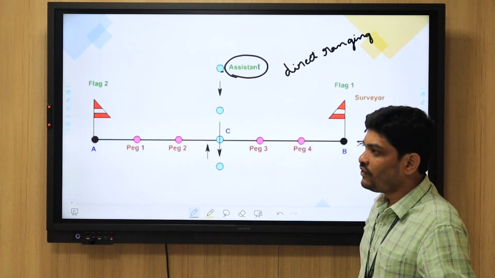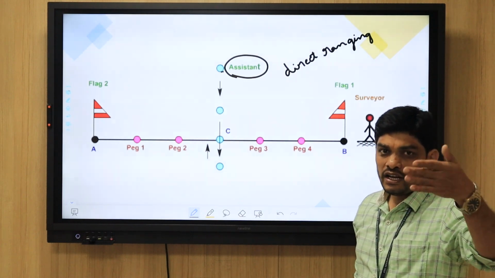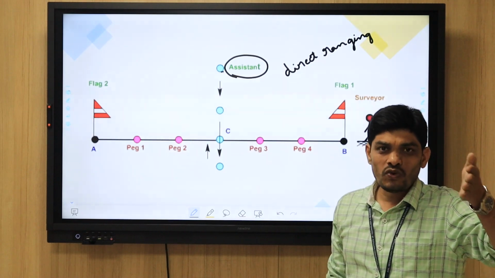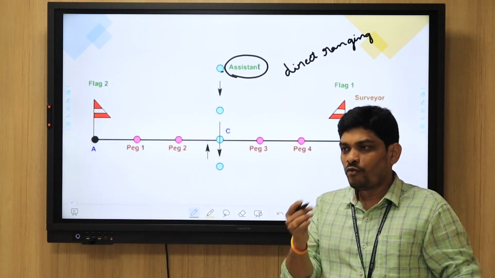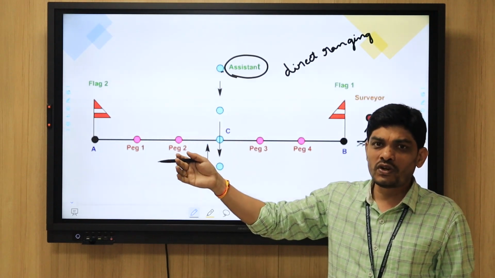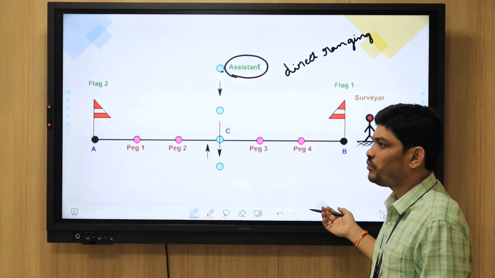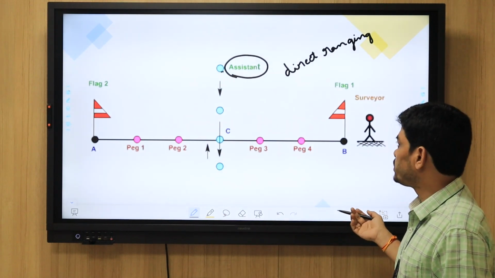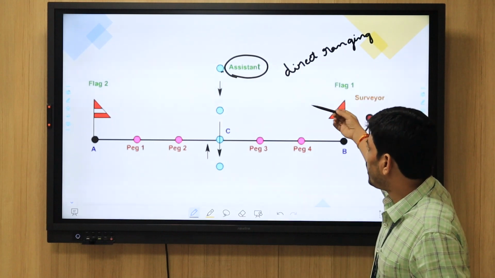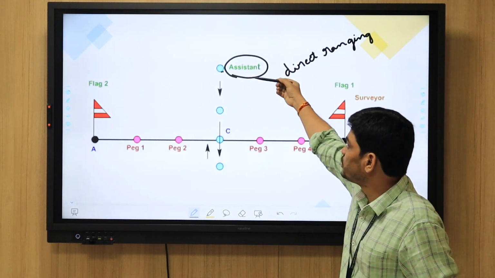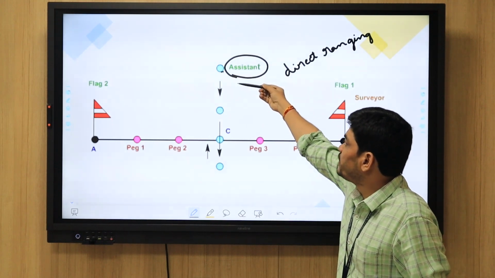If not, he will give some symbols, like if you move like this, move in the left direction. If you move like this, move to the right direction. Like that, he has to give some symbols. Standard symbols are there. So in this case, he is asking the assistant to move in the left direction.